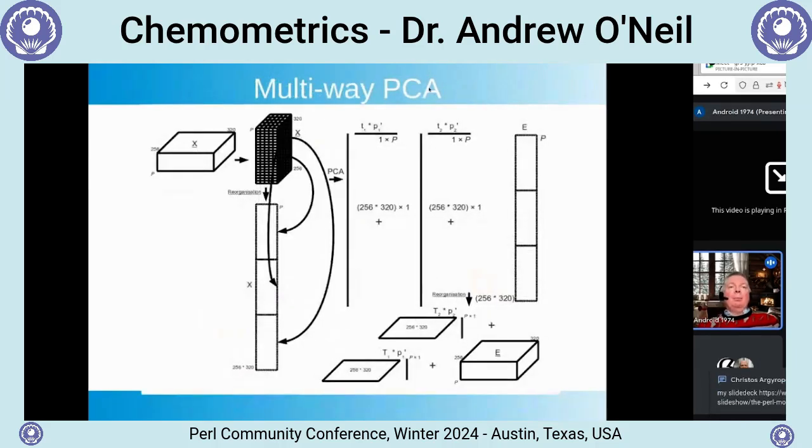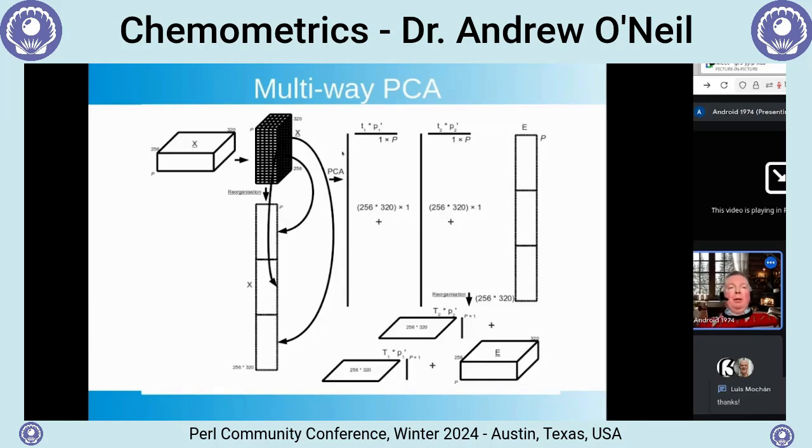So multivariate image analysis requires principal component analysis. The data cube here, which would be the spectra X, which in this case has 320 by 256 pixels and P wavelengths, is unfolded by slicing it along these dimensions to produce a big, long, thin matrix, which then undergoes what's called a singular value decomposition.